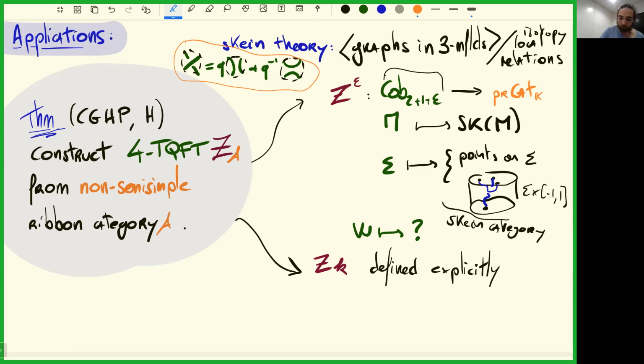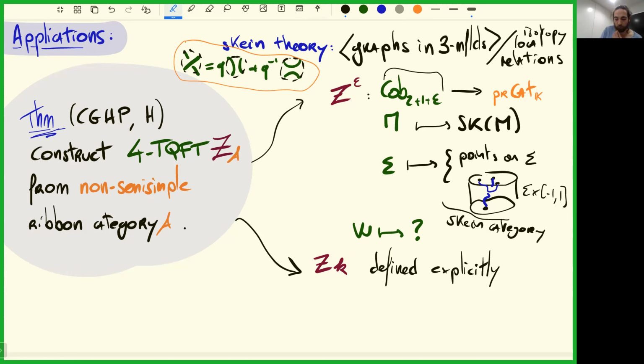And if you've given me this, I'm always interested in knowing, can I do something on four manifolds? This is not easy to answer a priori. And so this handle attachment approach gives me a way of doing this systematically.